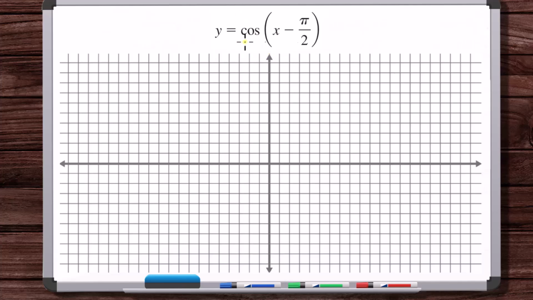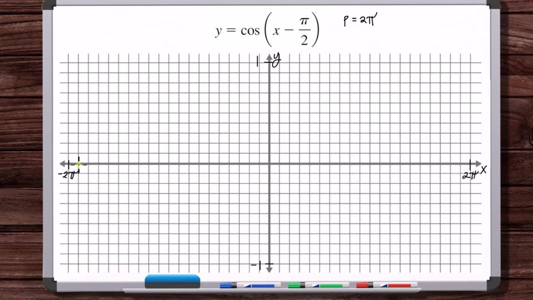Here there's been no scaling about the y-axis, so we'll go from 1 to -1. There's been no scaling about the x-axis either, so the period is still just 2 pi. So we'll go from -2 pi to 2 pi.